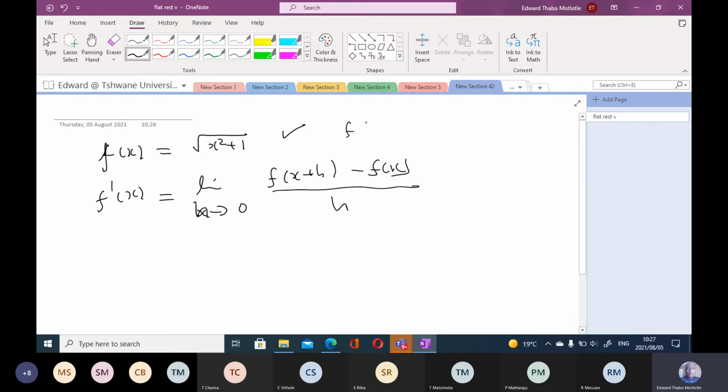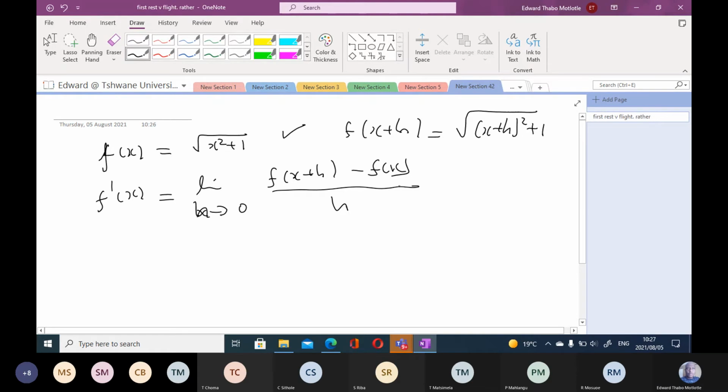And you can write this as the square root of (x plus h) squared plus 1 minus the square root of x squared plus 1, all over h.